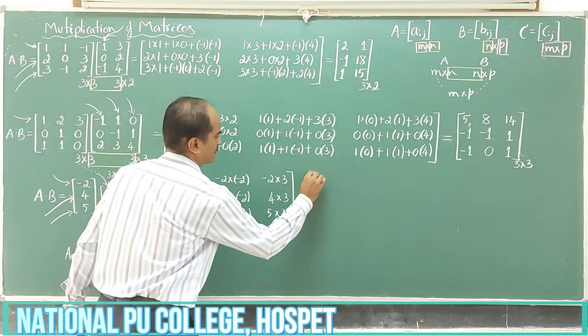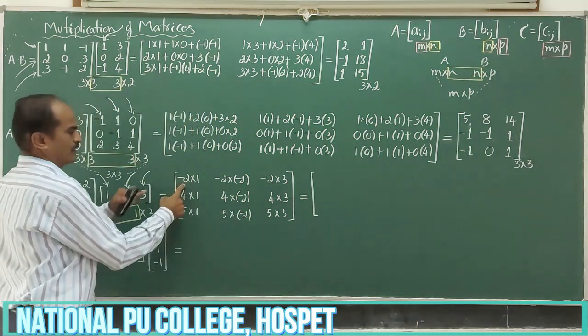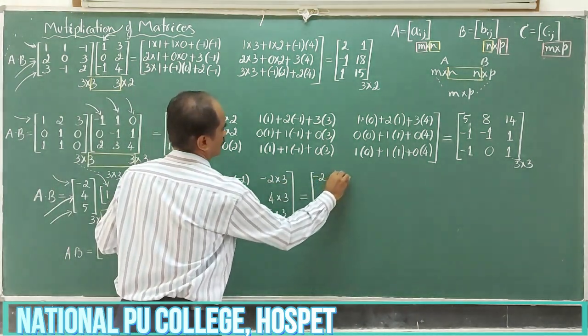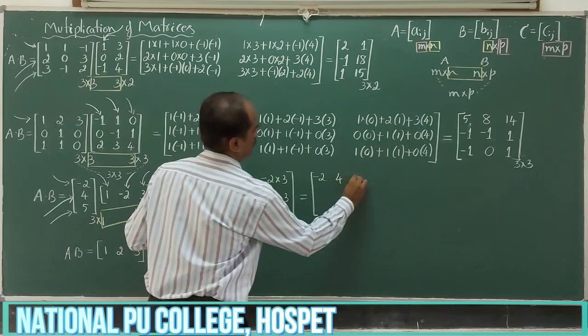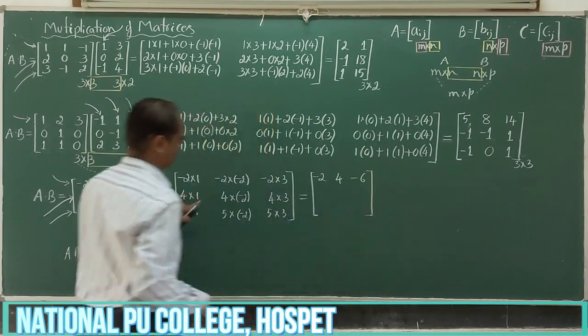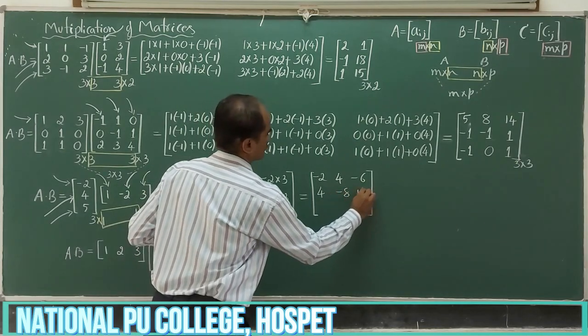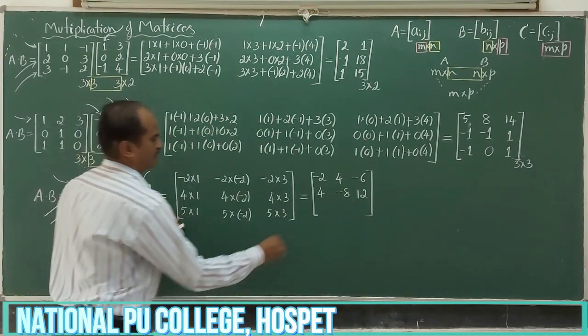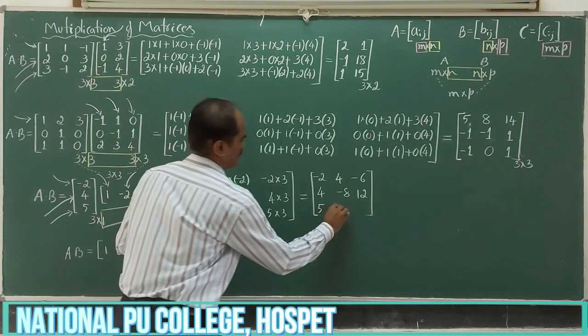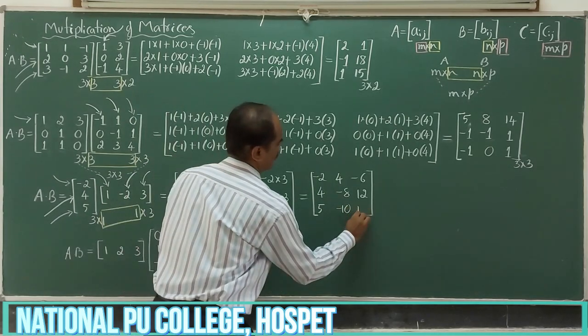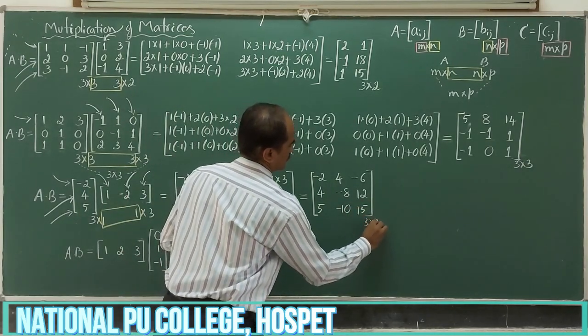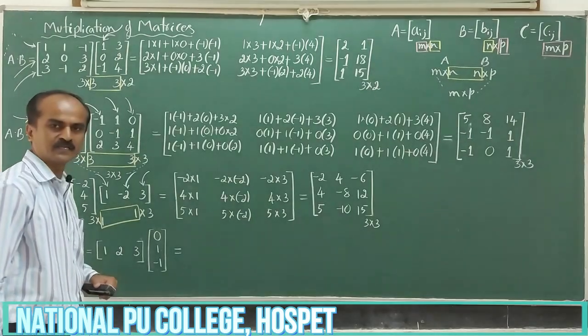Write the resulting matrix. It is minus 2, 4, minus 6; 4, minus 8, 12; 5, minus 10, 15. So, in this way we are going to get a 3 by 3 matrix.